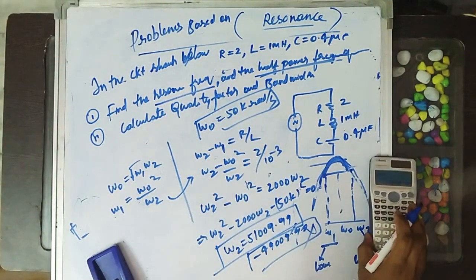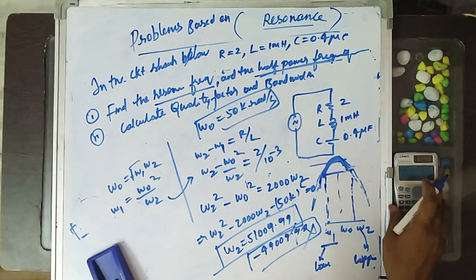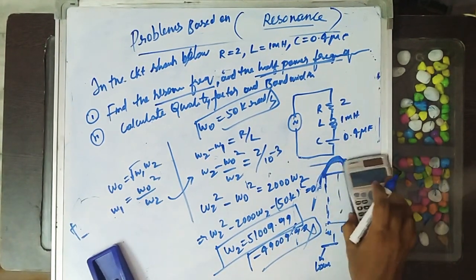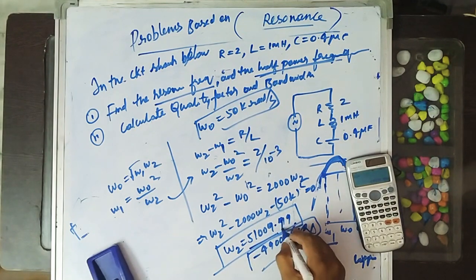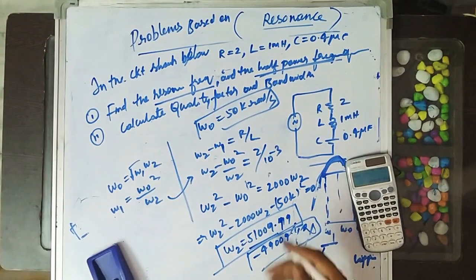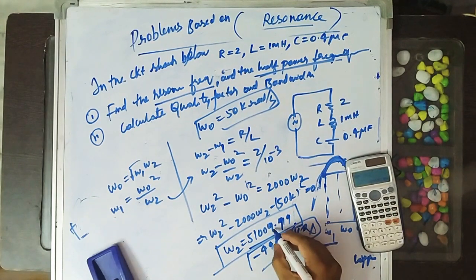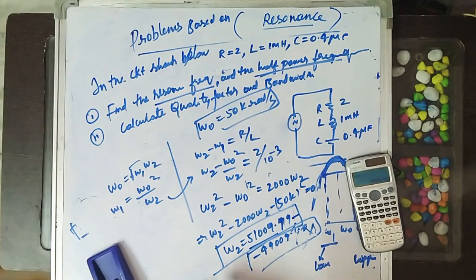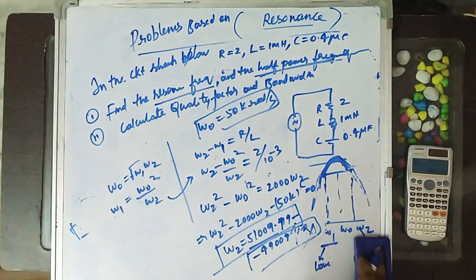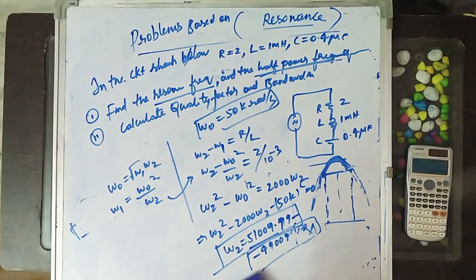So therefore omega 2 value is 51009.99. You can convert, so we can give omega 2 value as 51010.